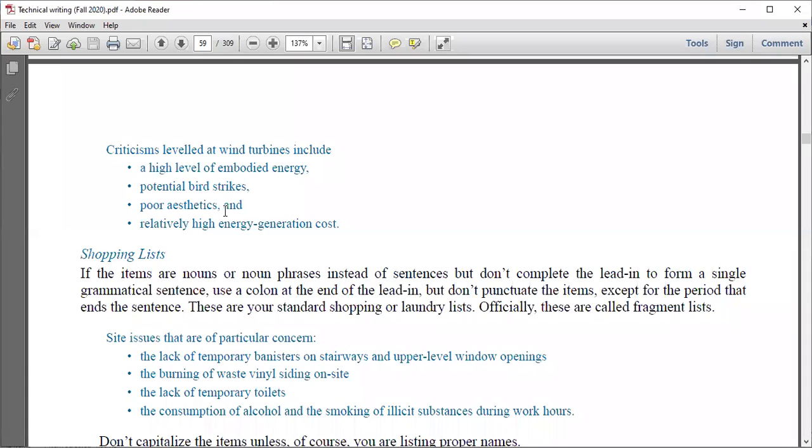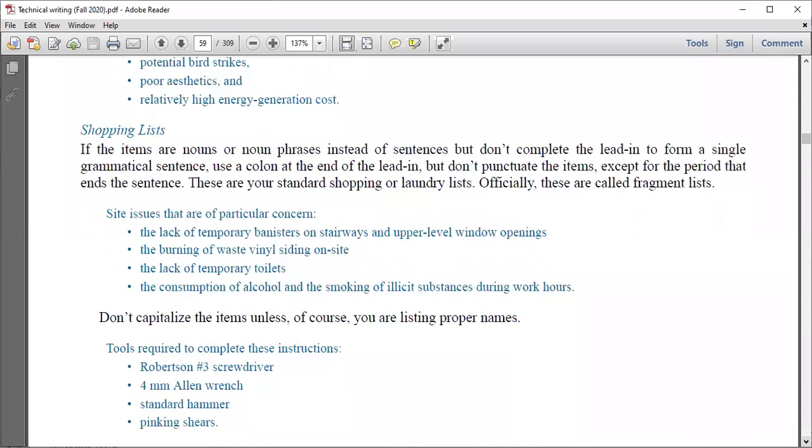Excuse me. Now let's talk about the shopping list. If the items are nouns, let me use the annotation.